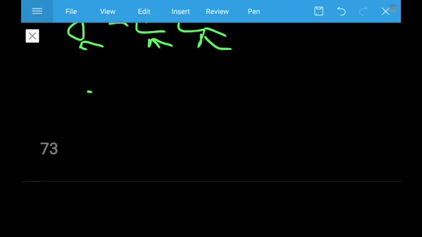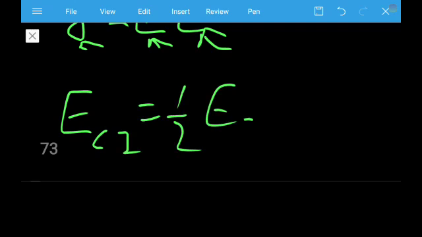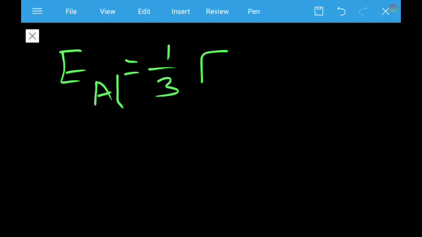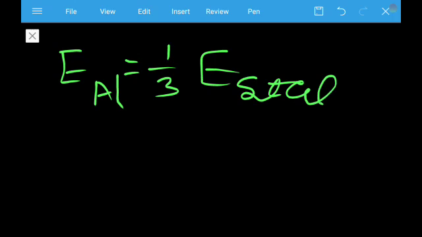A few important things: E for cast iron is half of E for steel, and the modulus of elasticity of aluminum is 1/3 times the elasticity of steel. So what does this mean?